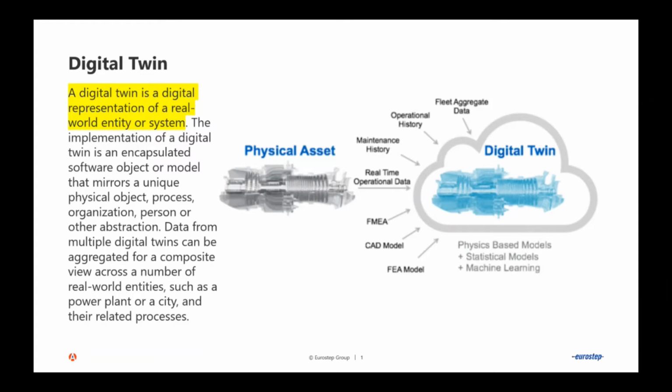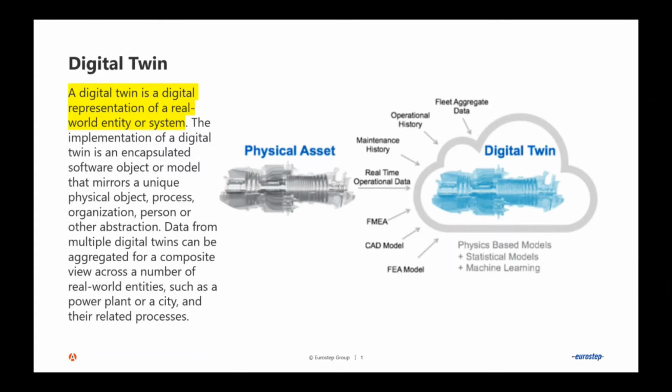So I think this real-time operational data is very important. Of course, we have the maintenance history of the digital twin. We have the operational history of the digital twin. Predictions about failure rates and things like that from FMEA and also CAD models is of course important to visualize things, videos how to deal with things, and also finite element analysis models.